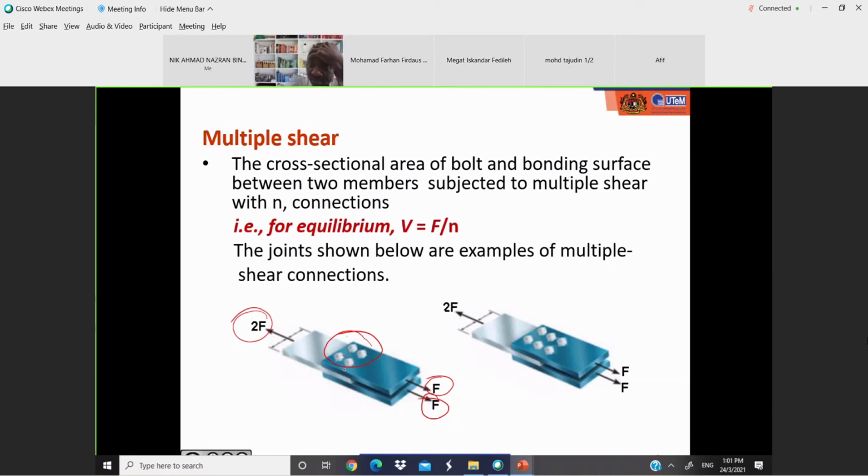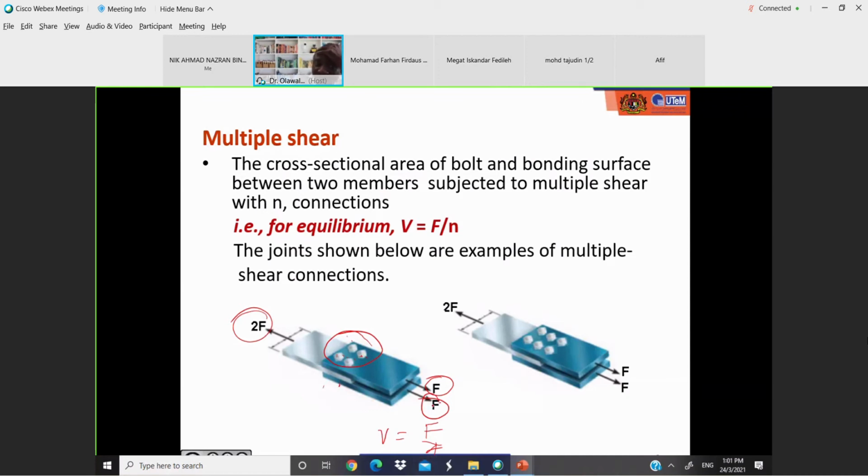How many bolts? There are 1, 2, 3, 4. So this V equals F all over 4. Below there are 4 again, F over 4.